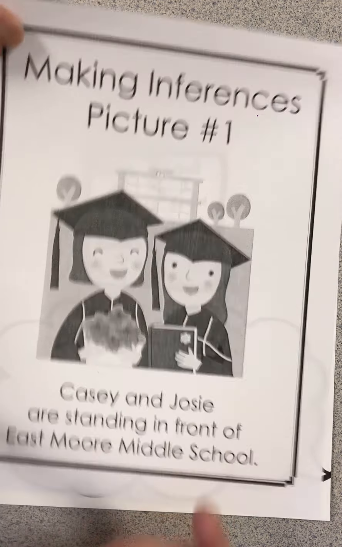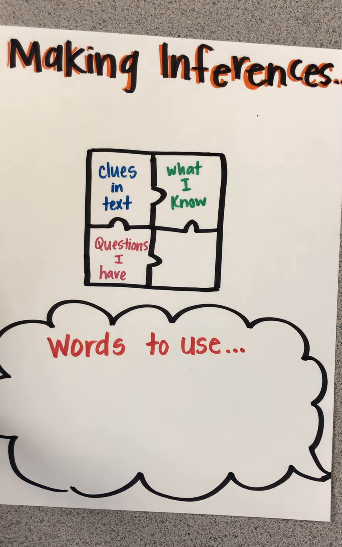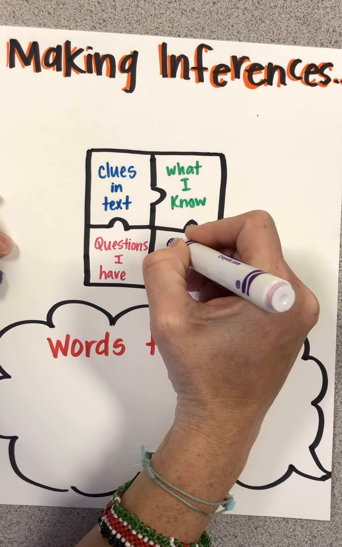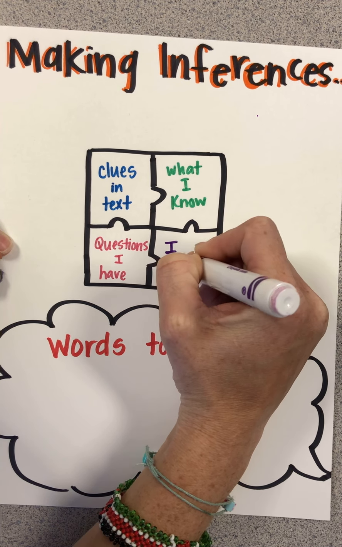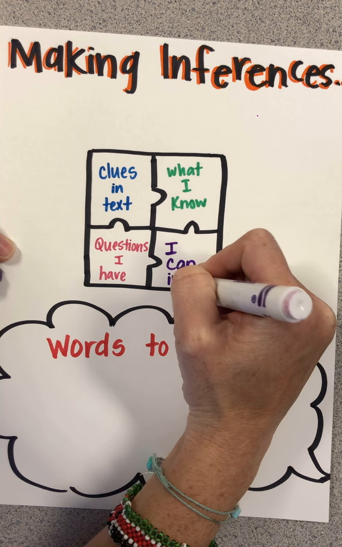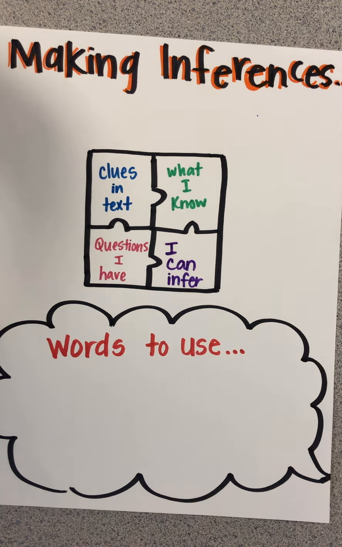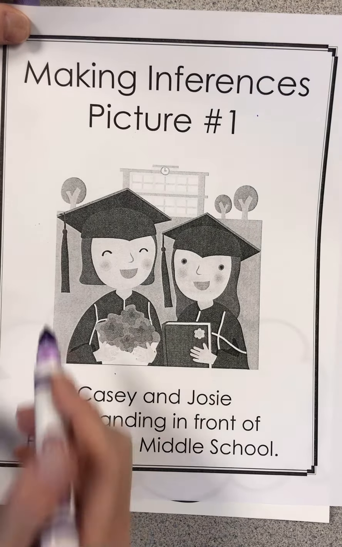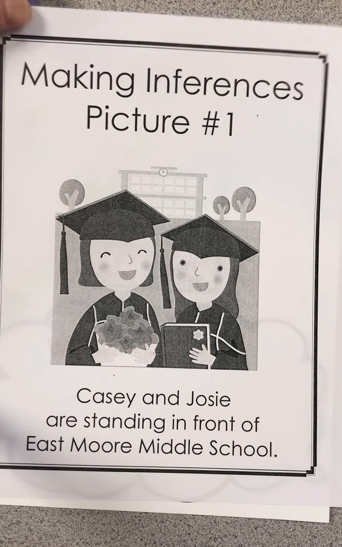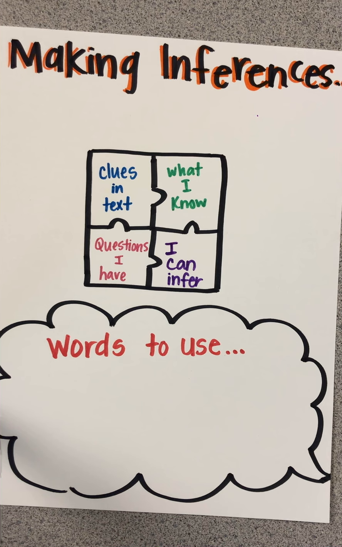So I guess maybe that means they're having a graduation. And then at the end of that, you can say, I can infer, or make an inference. I can infer that they are graduating because they have graduation caps on and they're standing in front of the school. We'll do some more of those little activities later in the week, so that'll be kind of fun.